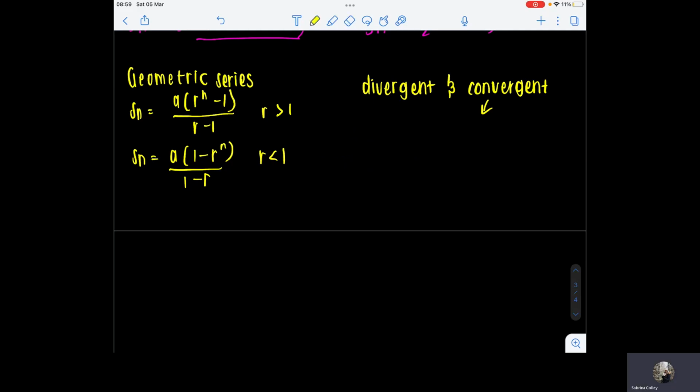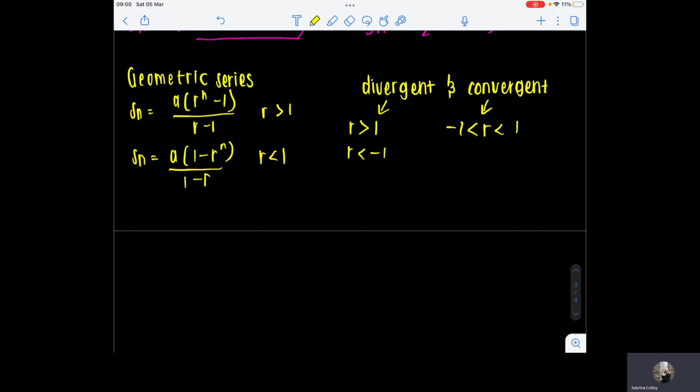If your series is divergent, your r is not less than 1: it's greater than 1, or less than -1. If it's convergent, that means your r lies between 1 and -1. Your ratio, sorry, not your series.